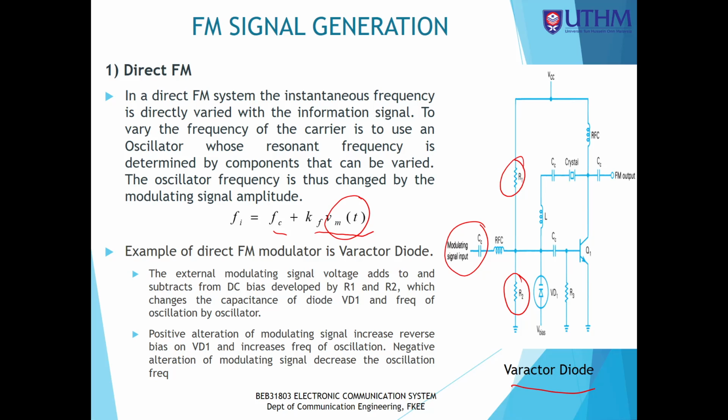And you see that which will change the capacitance of the diode VD1. Yang ini and frequency of the oscillation by the oscillator. Oscillator di sini. Okay. So positive alteration of the modulating signal, positive alteration will increase the reverse bias of VD1.